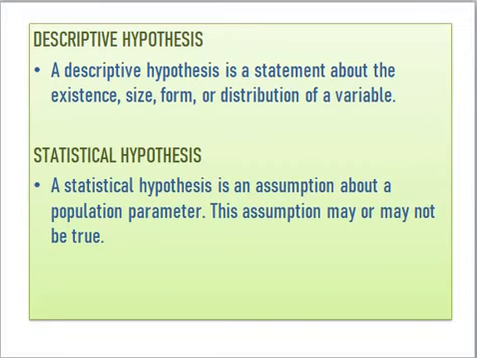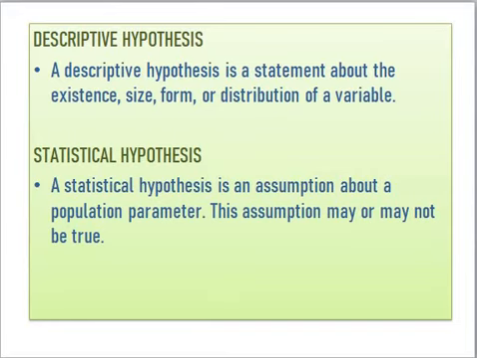And next is the statistical hypothesis. A statistical hypothesis is an assumption about a population parameter. That is, in some cases we give examples to show the size of a population, just to show whether it is true or not.